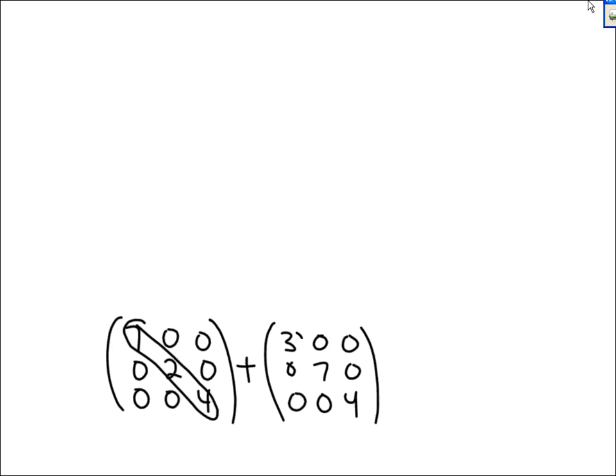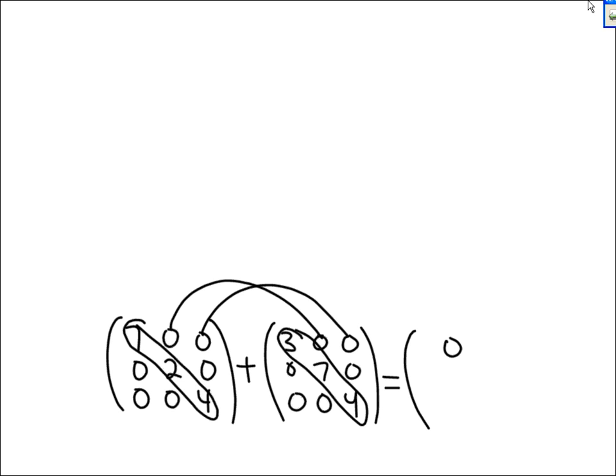Okay? I don't really care what happens to the sum on the diagonal. But you know what? When you add those two entries, you'll get 0, or subtract them. When you add those two zeros, you get 0.